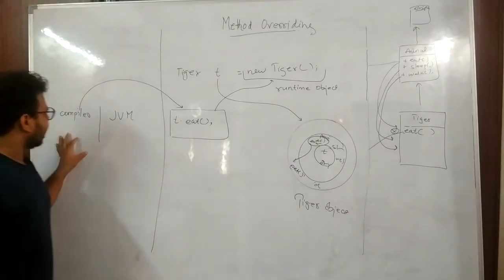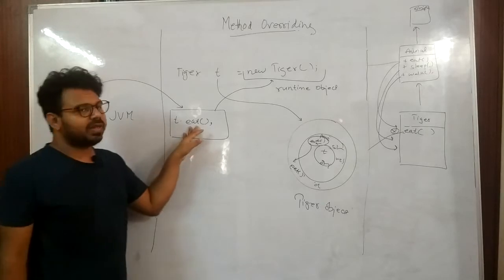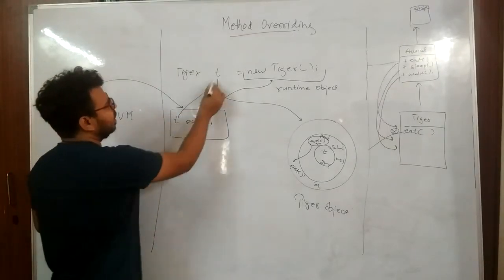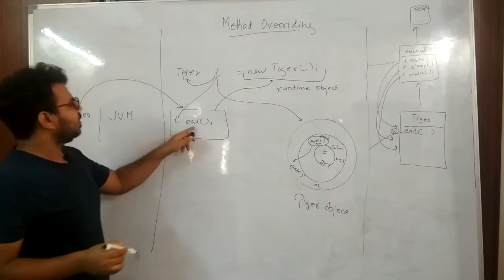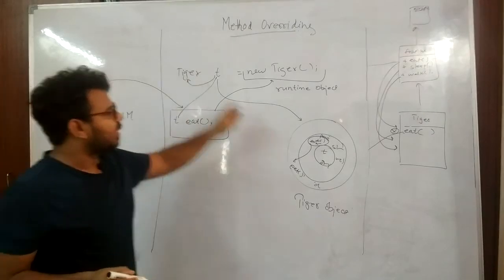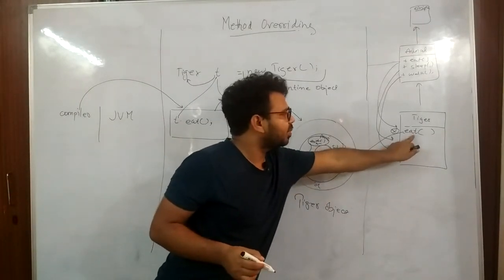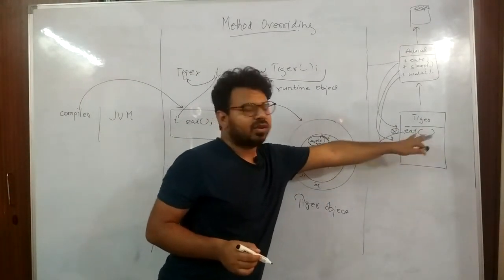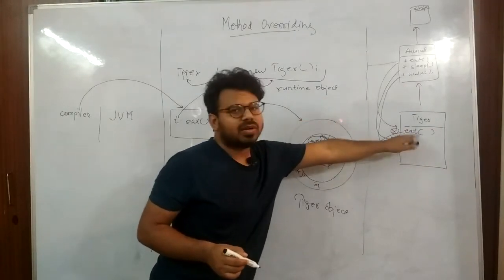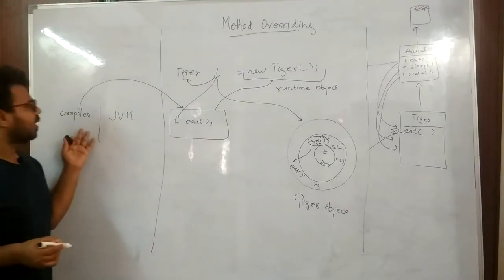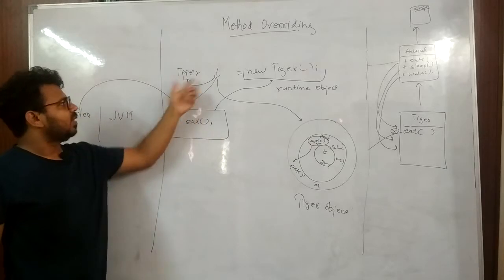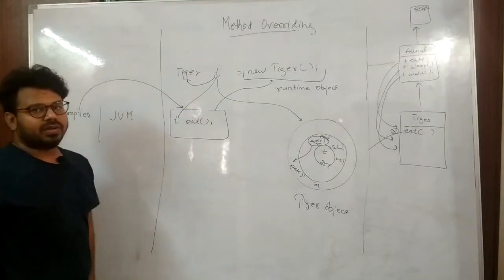Simple. What does the compiler do? The compiler simply checks if the eat method being called is present in this reference type. This t is of reference type Tiger, so does the Tiger class contain the eat method? Here you can see it does. If this eat method is not there, and also it is not inherited from Animal, then it will show a compilation error. So this is the role of the compiler, that is it simply checks if the method being called is present in the reference type or not.